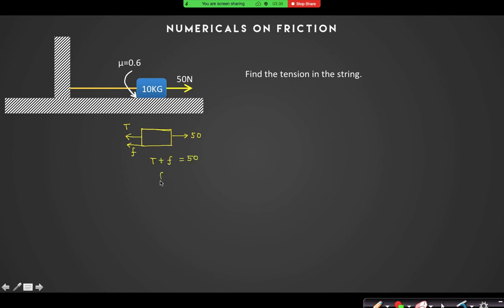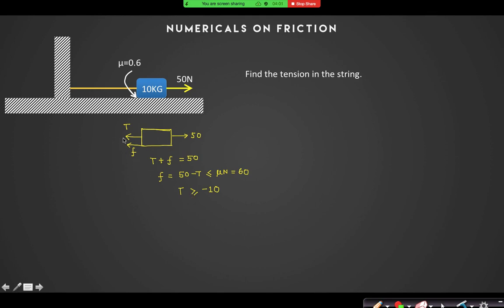So F equals 50 minus T, and that should be less than or equal to mu into N, which is 60 here. So what is the value of tension? Tension is greater than or equal to minus 10. So any value of tension greater than minus 10 will satisfy this condition.